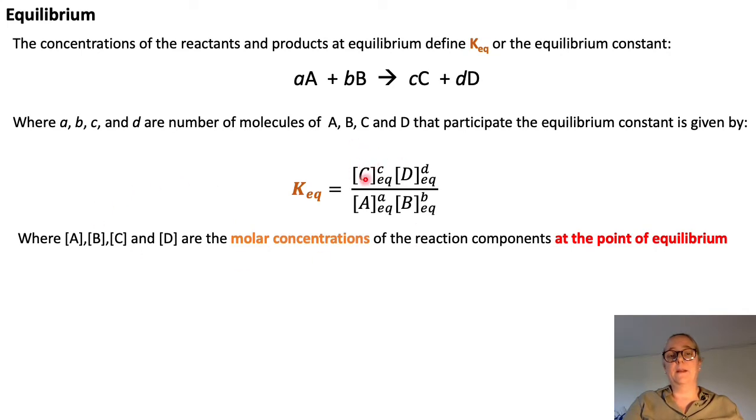The brackets denote the molar concentration of the components at the point of equilibrium.